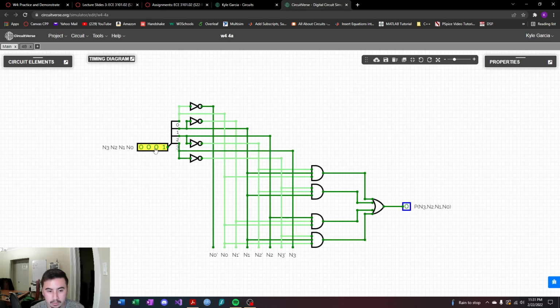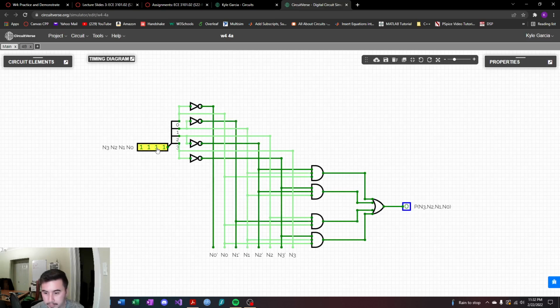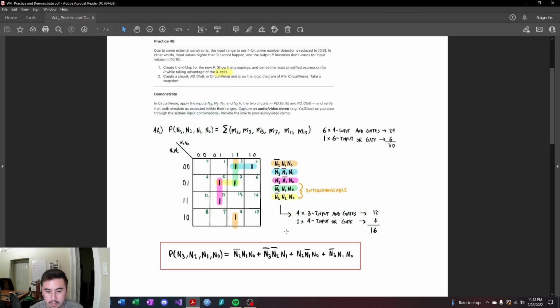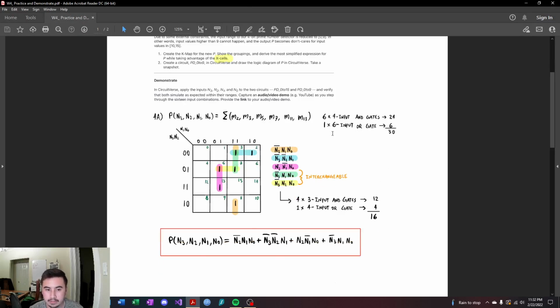So once again, going through, 1 is not, 2 is, 3 is, 5 is, 7 is, 11 is, 13 is, but 15 is not. So for 4A, we see that this does hold true as defined in our problem.